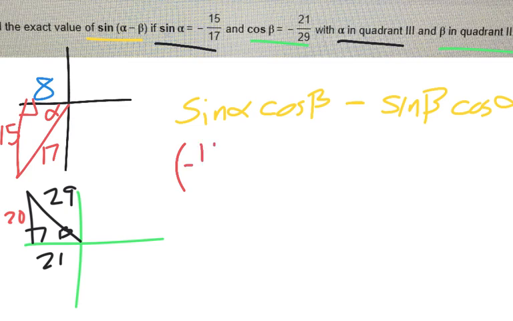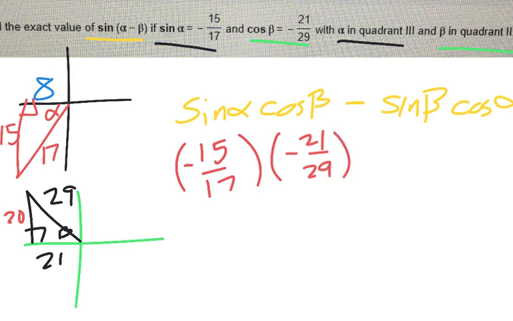Sine is the opposite over the hypotenuse. Now we're going to find cosine of beta. Because I'm in the second quadrant, cosine is negative. Cosine is the adjacent over the hypotenuse. That's a 29 down there. Let me rewrite that. And there's a built-in minus in the formula.